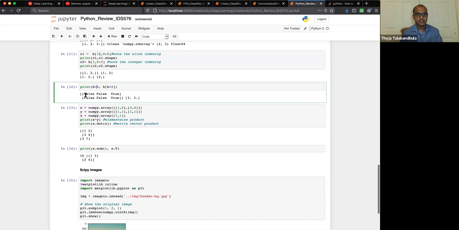So every element strictly greater than 2 is going to be false for the first 4 entries, and then only the last column is true. And then if you print b such that b greater than 2, then this is the index which you're inserting into b brackets. So b greater than 2 will produce this array, and then you're indexing b with that. So you just want the last column. Okay, so that's 3, 3.